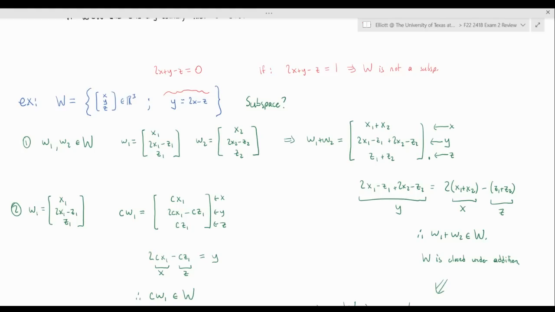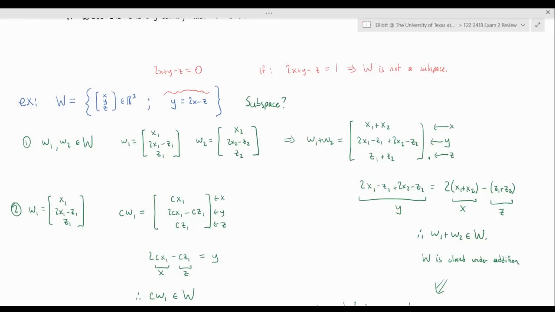Does anyone maybe see a quick reason why if I change the 0 to a 1 that it wouldn't be a subspace anymore? Yeah, that's true. If you change the 0 to a 1, it's not going to be closed under addition anymore.